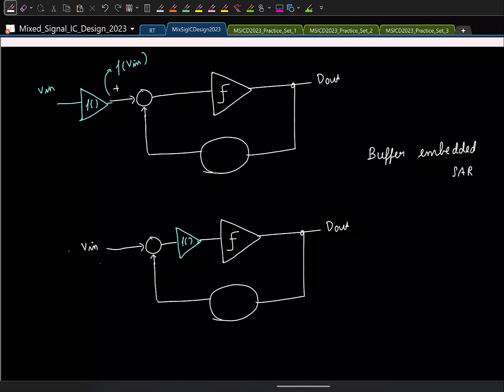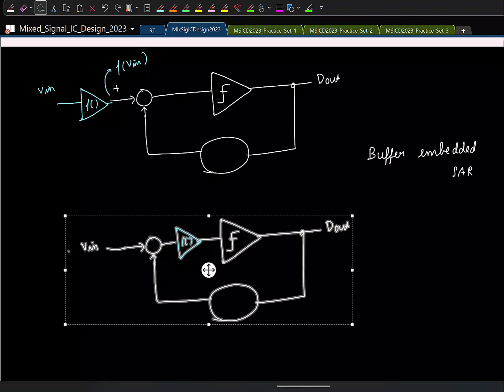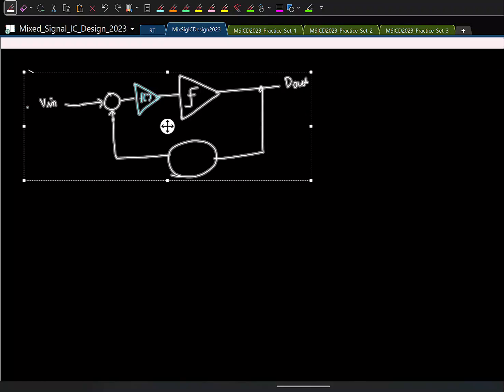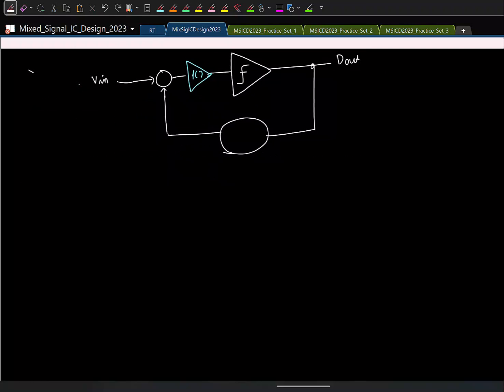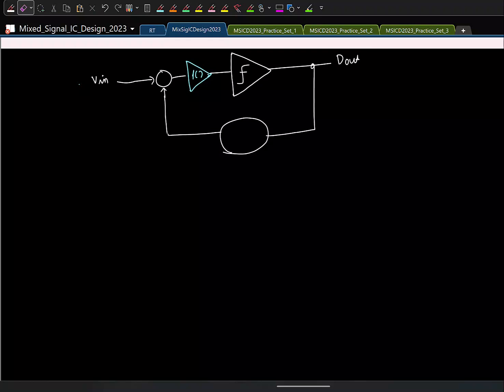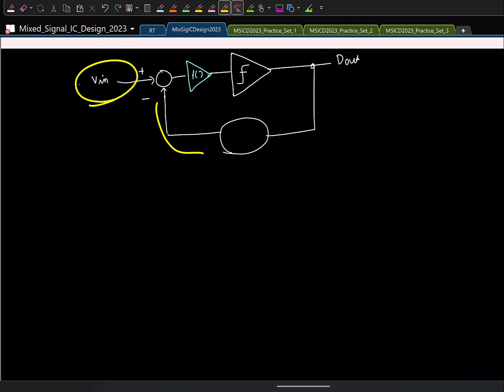Now at a block level, let's see how we can implement this in a circuit. There are a couple of ways in which you can do it. I'll just show one variant. In a practical SAR implementation, one difference from the way we have written the model is this: in the model, we have written as though the input is continuously getting sampled and compared with the feedback.